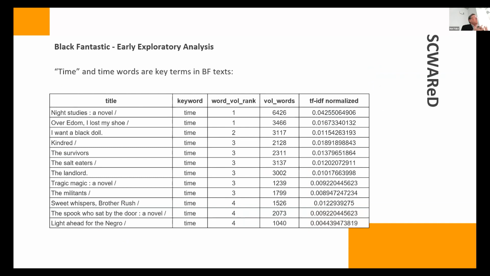And what makes up these texts? What identifies a book as being a Black fantastic book, or maybe some other kind of science fiction, right? So they've been doing word frequency analyses. One of the key findings is that the words about time have a special place in this literature, and that's a finding that the scholar will go on and publish.